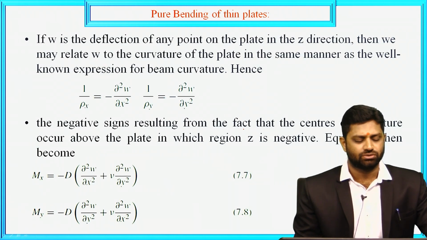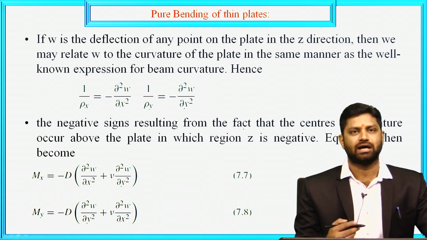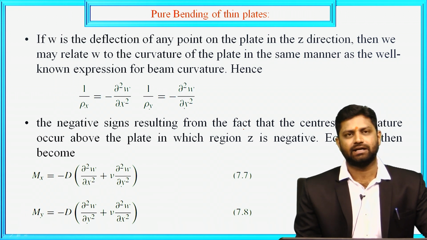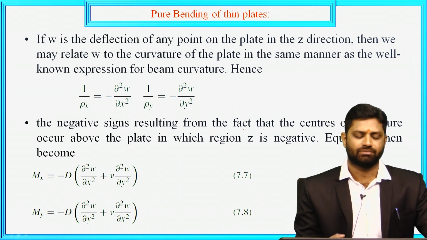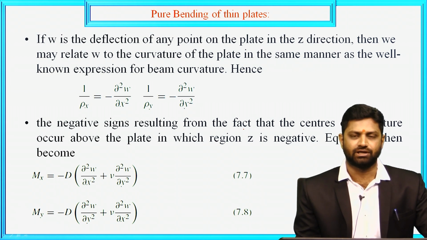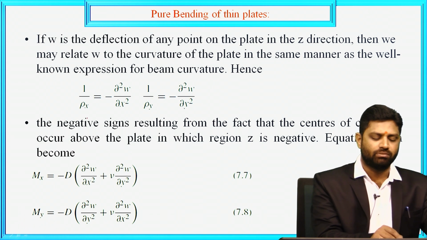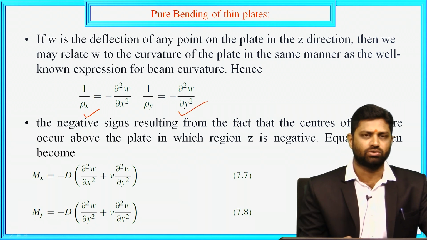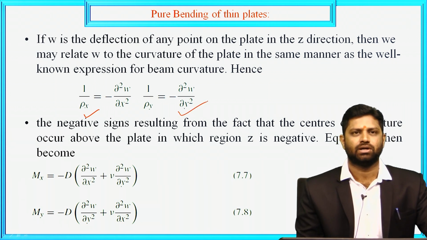Now coming to the deflection, for example, if W is the deflection of any point on the plane in the z direction, then we may relate W to the curvature of the plate in a similar manner from the well-known expression of beam curvature. We can write this as 1 by rho x, the curvature, is equal to minus dou square W by dou x square, and 1 by rho y is equal to minus dou square W by dou y square.